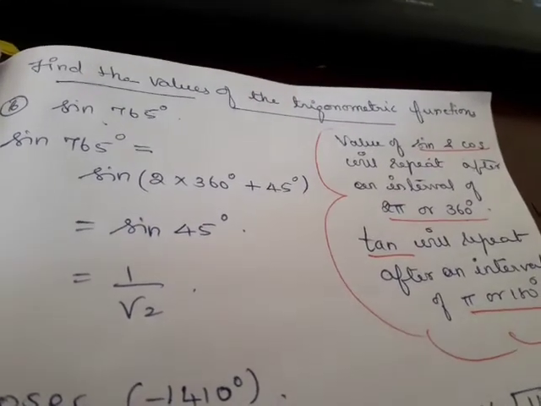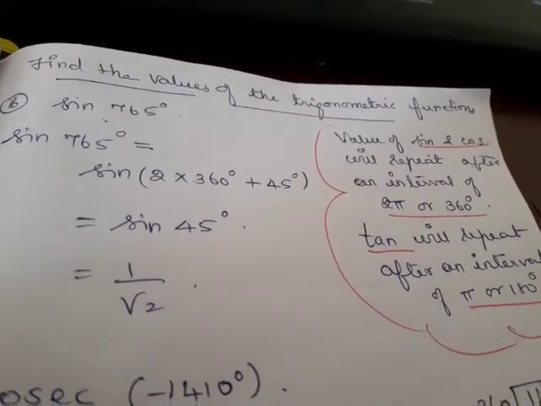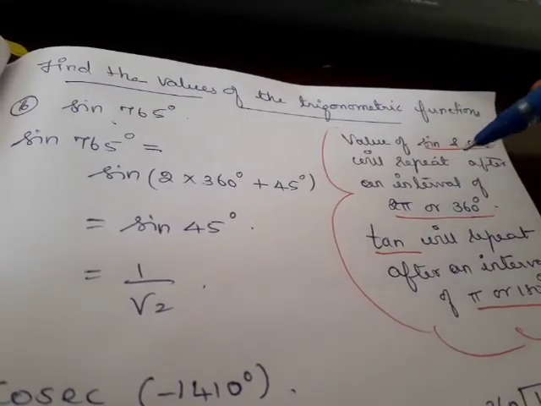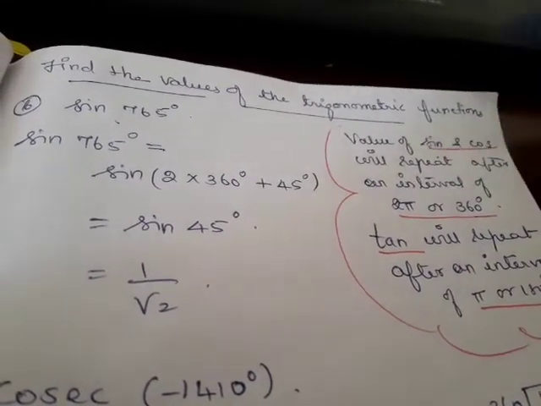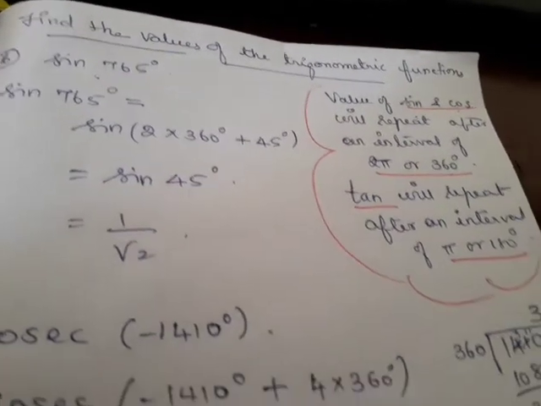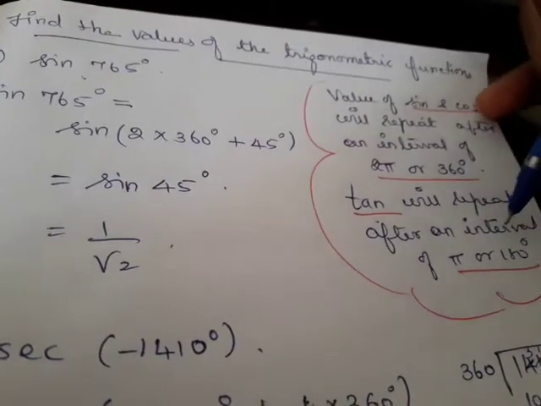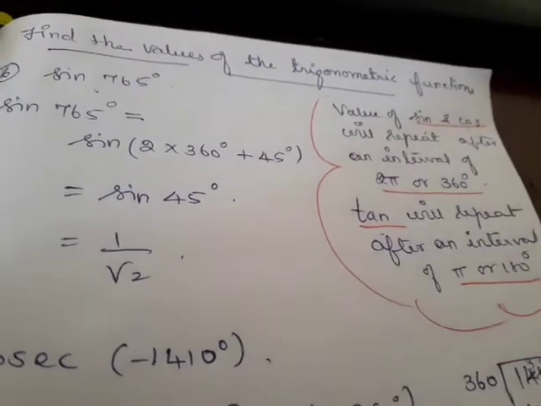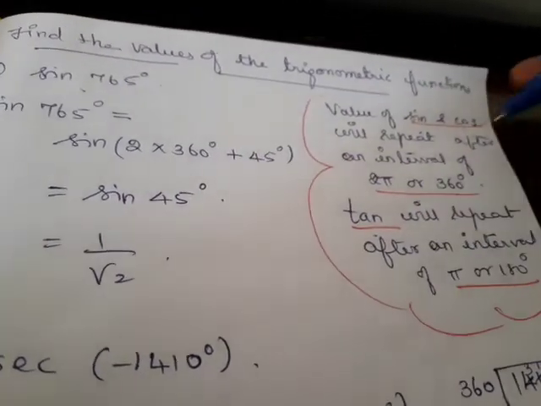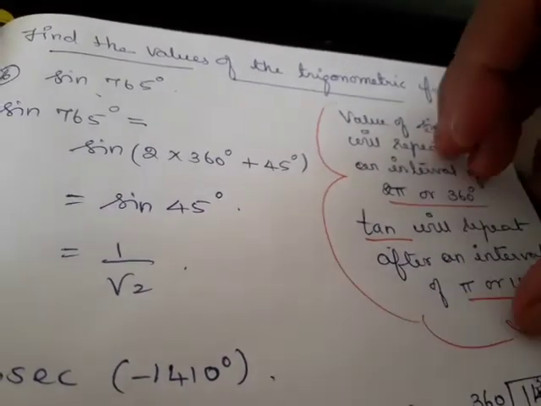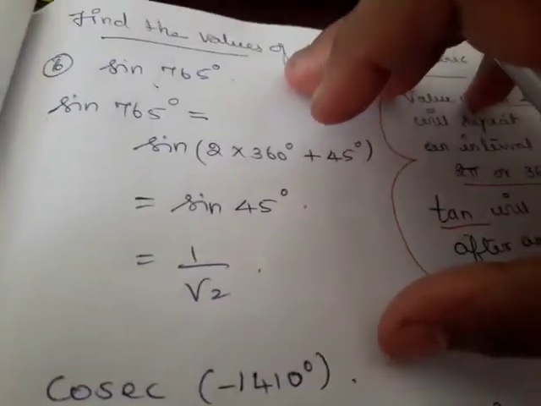For any integral multiple of 2 pi, the sin and the cos values do not change. Similarly, for tan function, it will repeat after an interval of pi or 180. You should remember, for sin and cos it's 2 pi and for tan it is pi. Using this result only we are going to solve our problems.